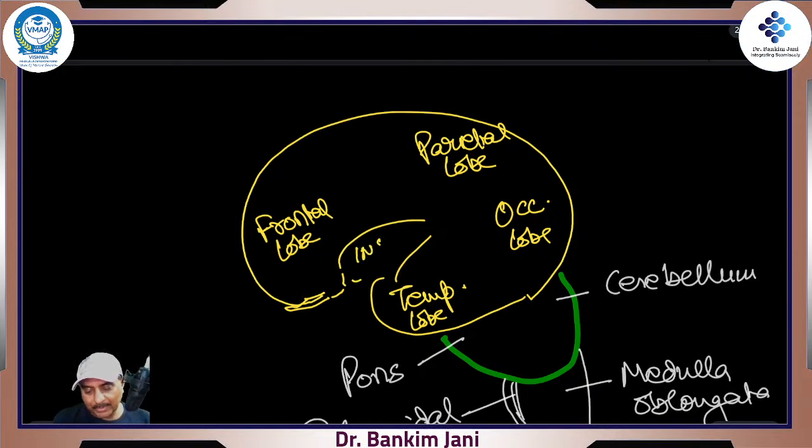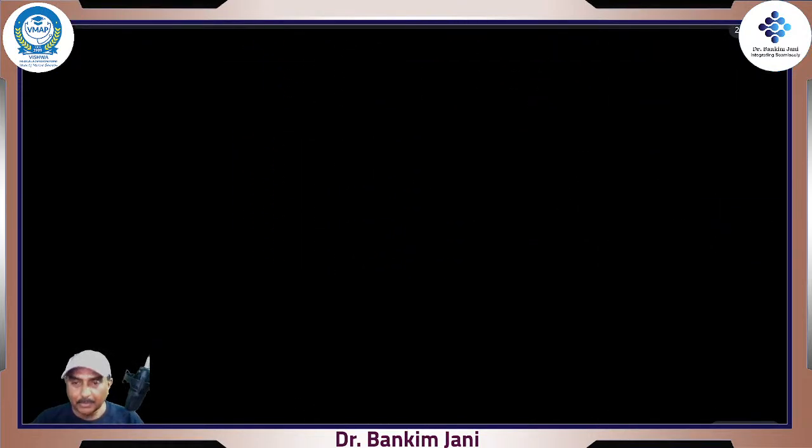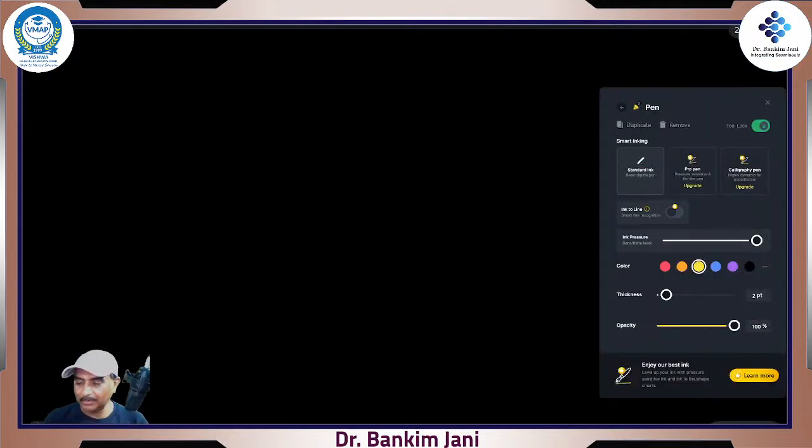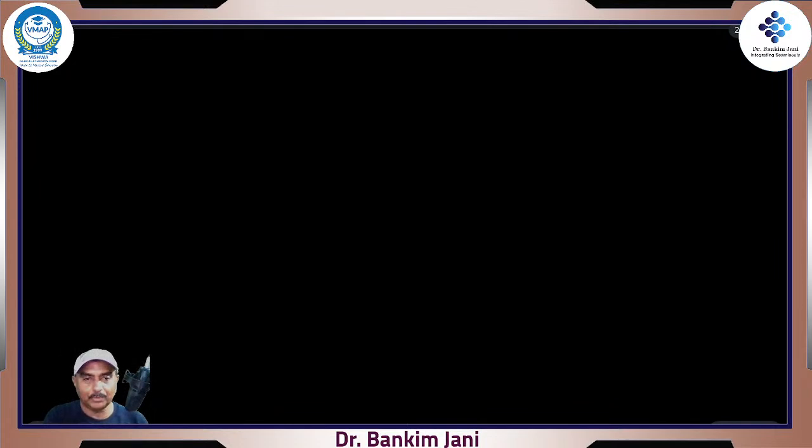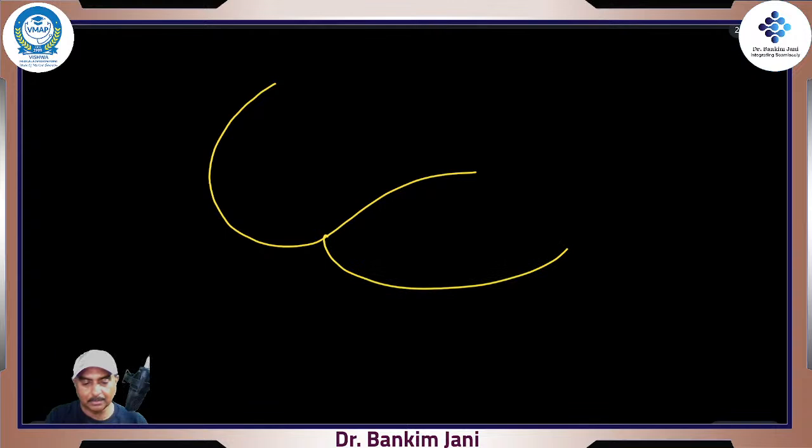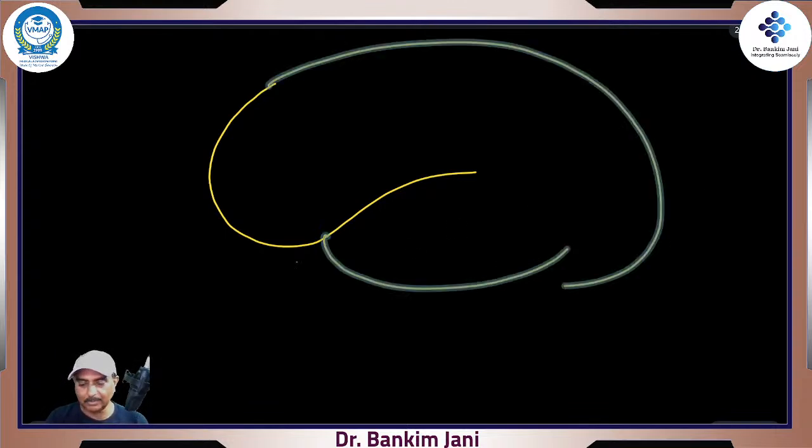This is a very interesting area. It is called the insula. As the brain goes into its full-fledged final maturity, the brain would look like this.